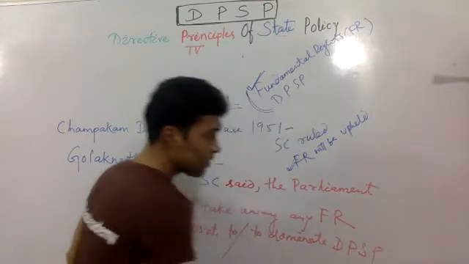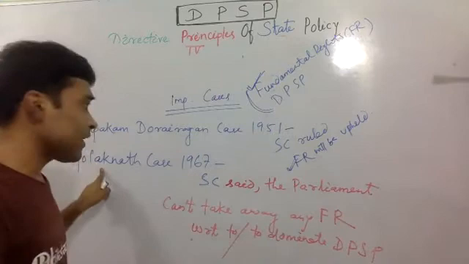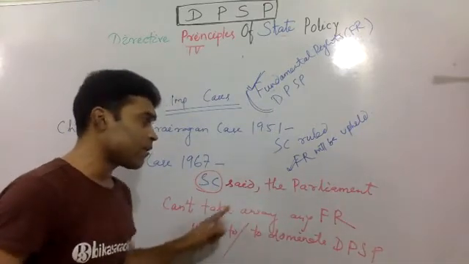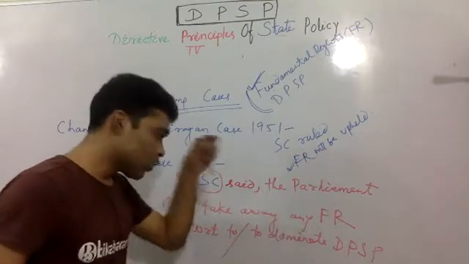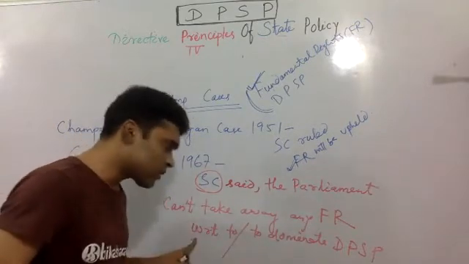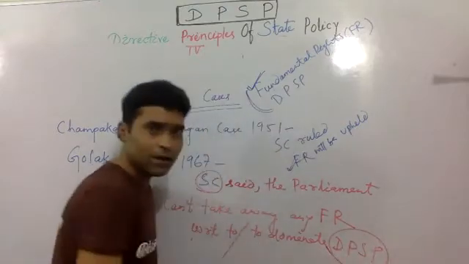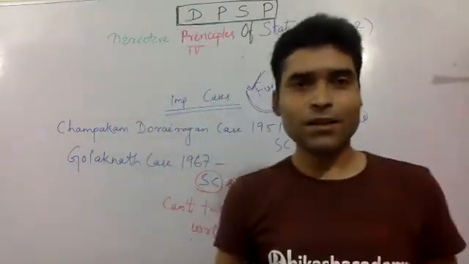Try to understand. In the Golaknath case, the Supreme Court said Parliament cannot take away any of the fundamental rights in order to implement the DPSP. This is very, very important.